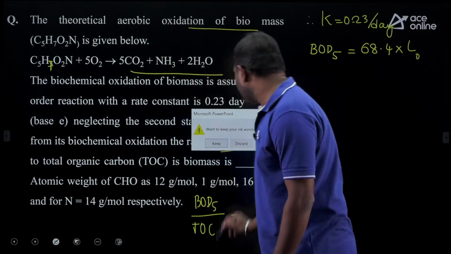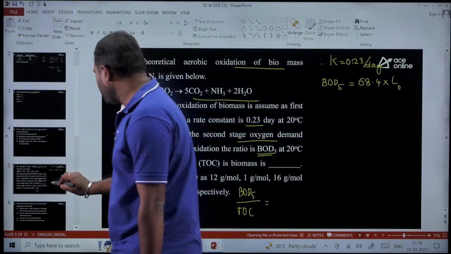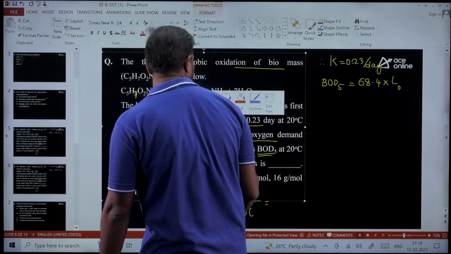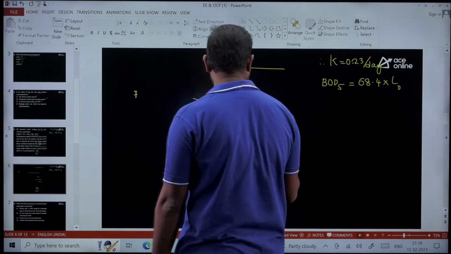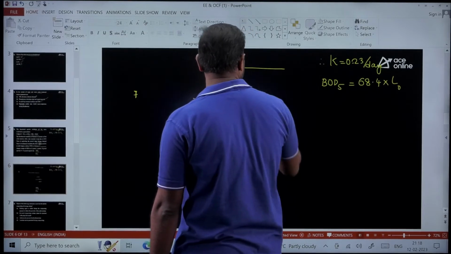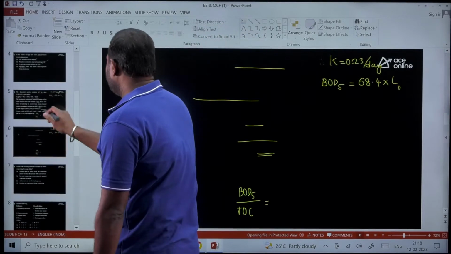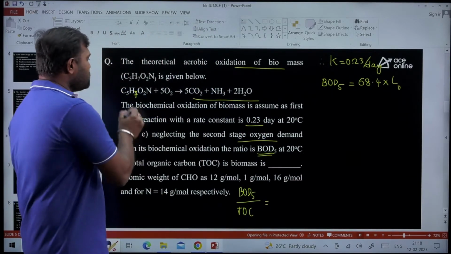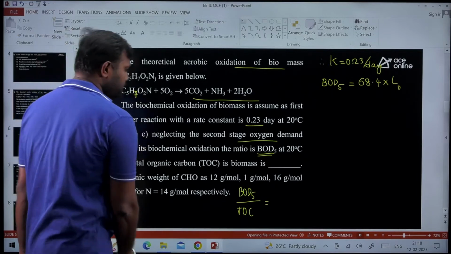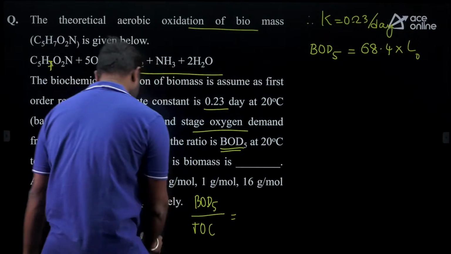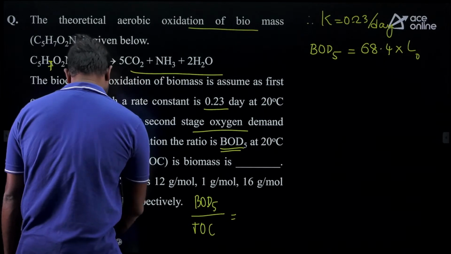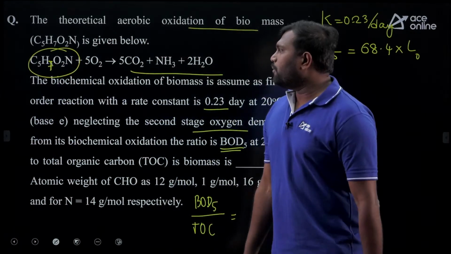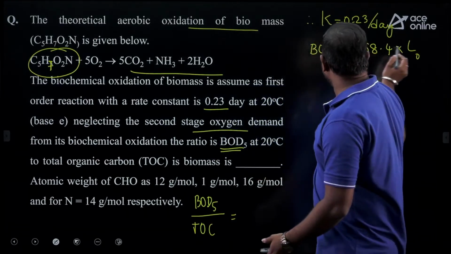Now if you see here, from the given reaction, this is a chemical compound, and for this chemical compound, first of all we have to find out the ultimate BOD.